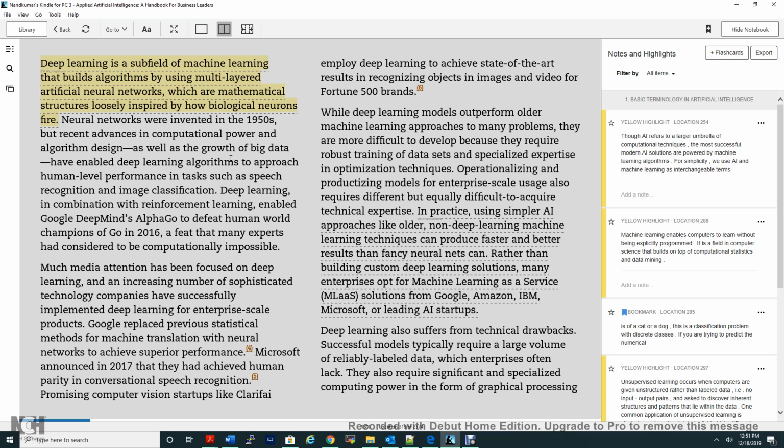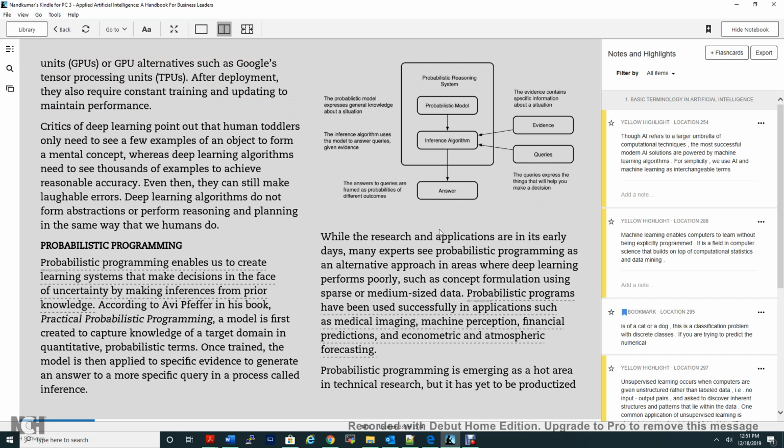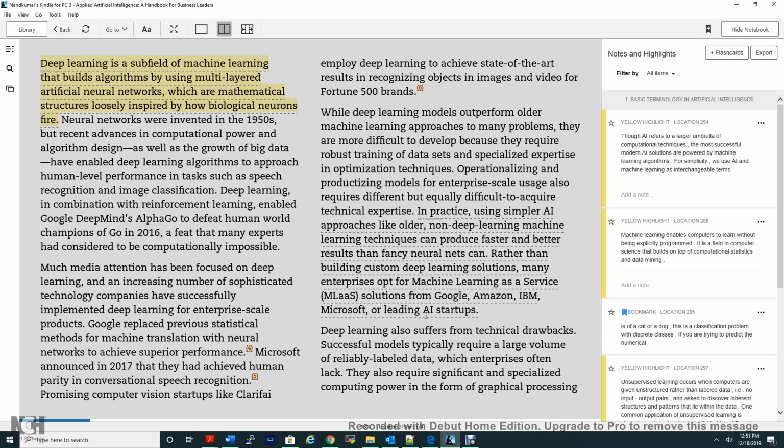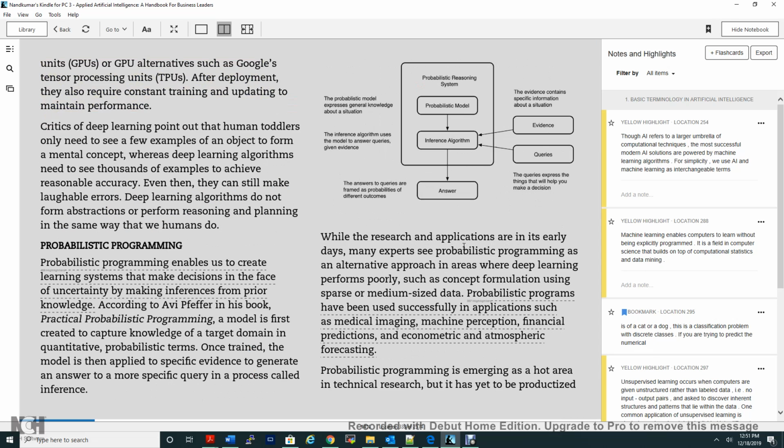That's the difference between deep learning and machine learning, basically what I just explained. Okay, so we covered that. I'm going through this chapter.